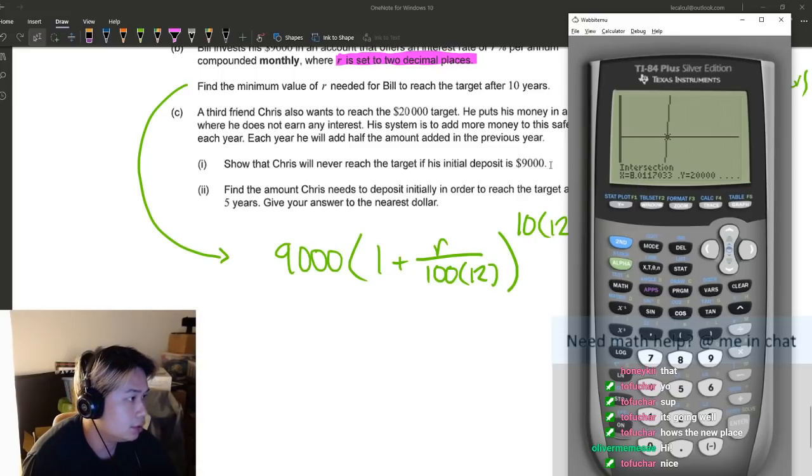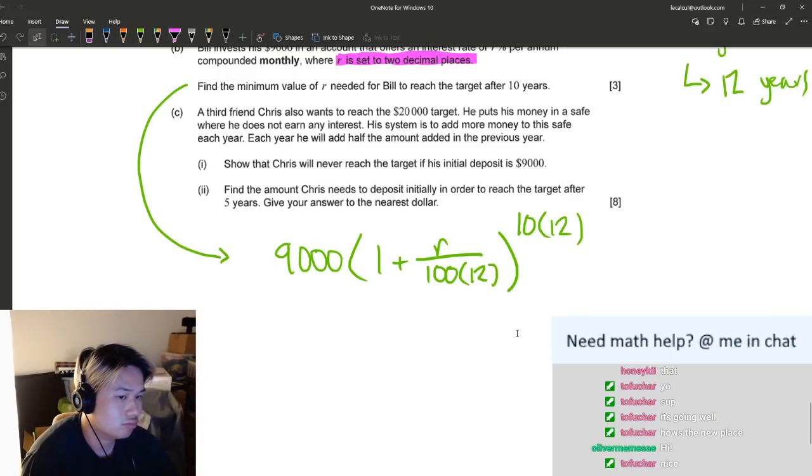So he wants 2 decimal places. Does that count the ones? I don't know. I'm going to do 3 sig figs.